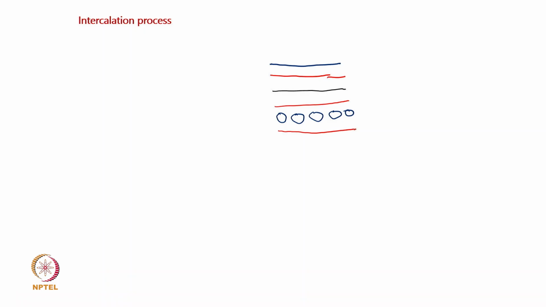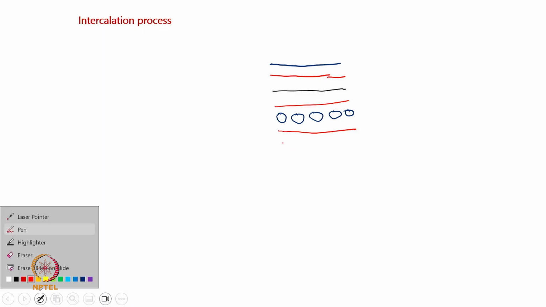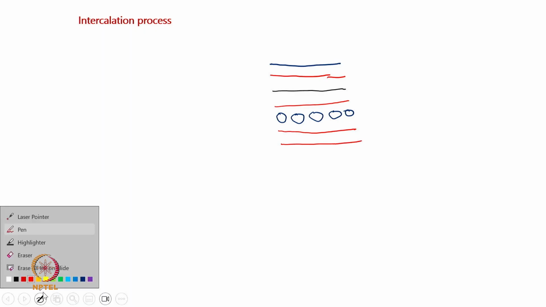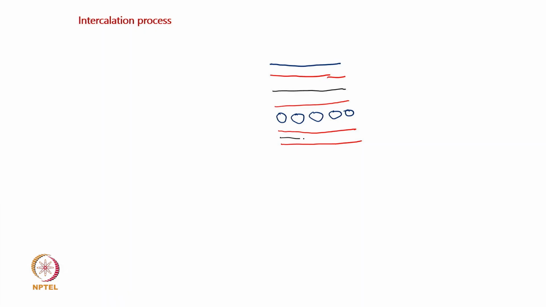It is the same layer, of course, so I have a black one now, a red one, and again the black one. These are the layers of the material, and this is the intercalating ion.